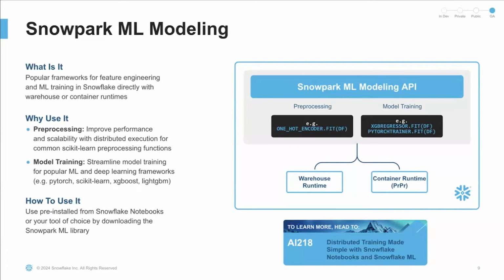In regards to model training, that's the second aspect I would like to share, is that you have access to the most popular ML and deep learning frameworks, PyTorch, sklearn, XGBoost, and so on, all within Snowflake, which means that if you have to train a model, if you have to do inference, you don't have to move data out of Snowflake, train the model in some other services, store the model somewhere else, do the inference in some other ways, or maybe send it back to the data platform.